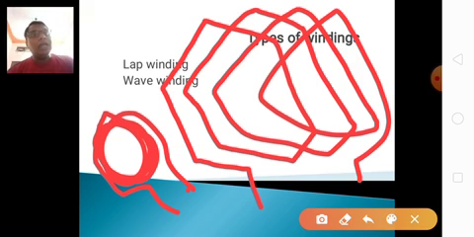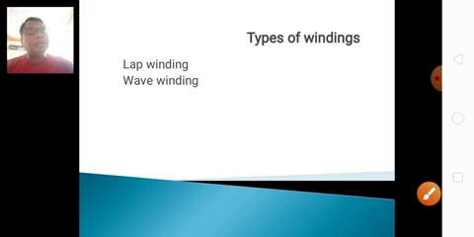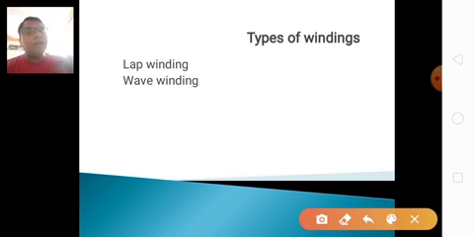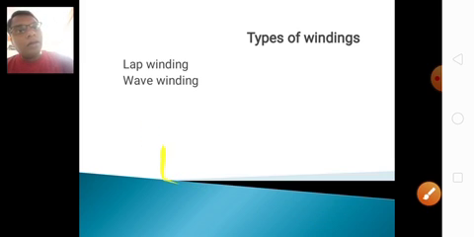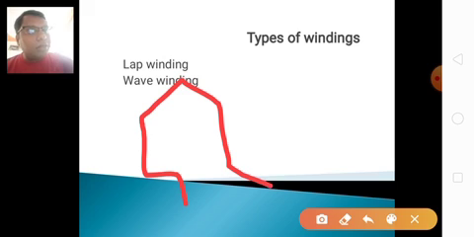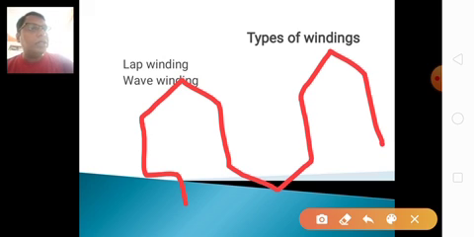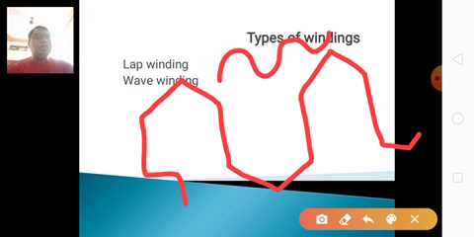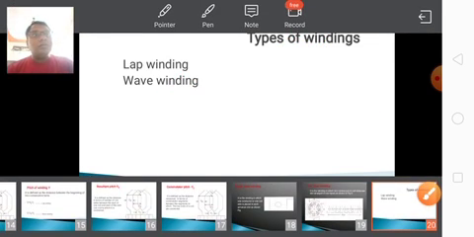This is known as lap winding. So one coil overlaps with another coil. That is lap winding. In wave winding, the coil is connected to another segment. It is just like a sine wave, like this. So this is known as wave winding.